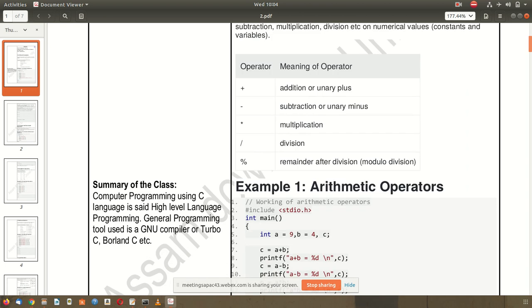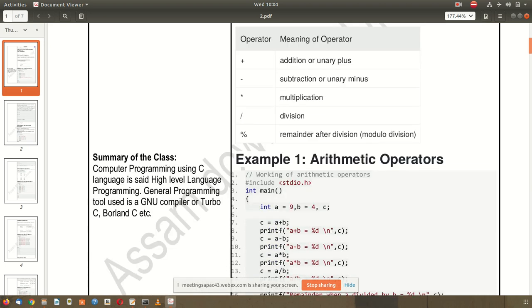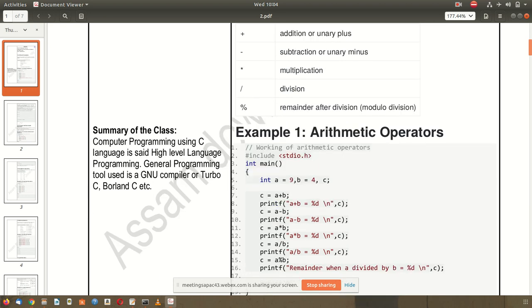In this grammar, a plus symbol means addition. A minus symbol means subtraction. A star symbol means multiplication. A slash symbol means division. A percentage symbol is called modulo division.